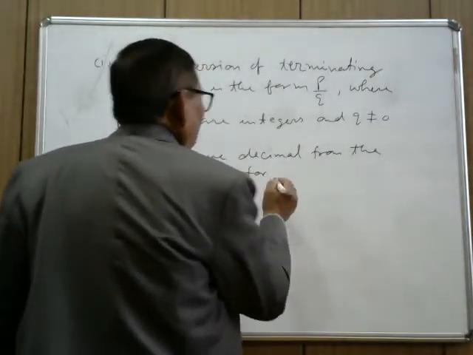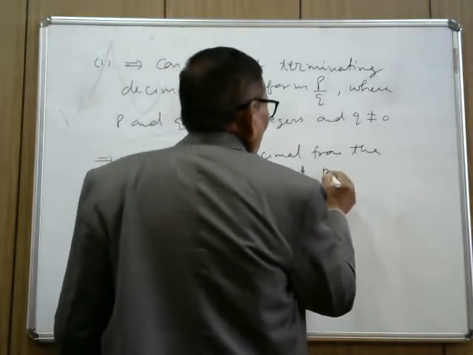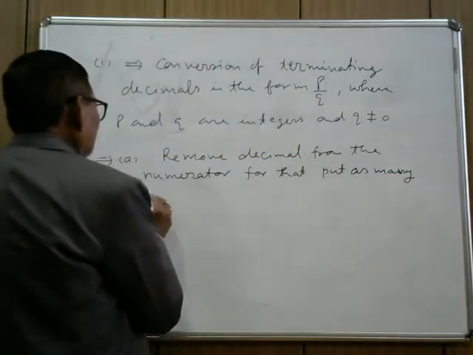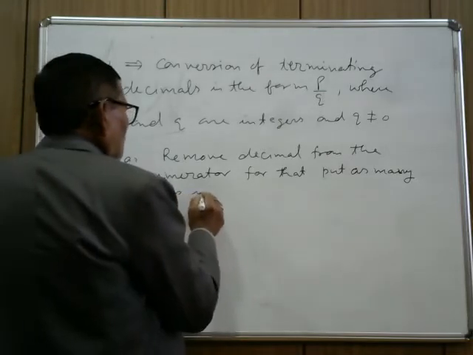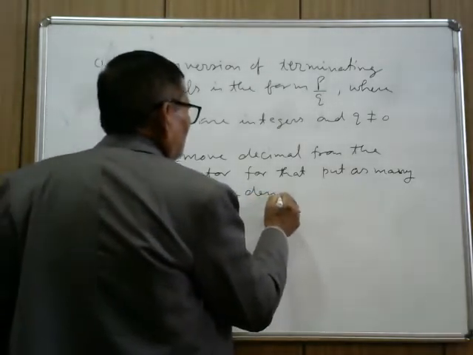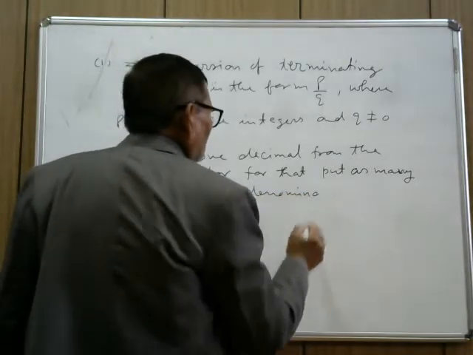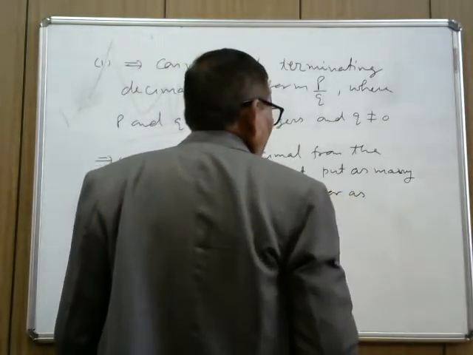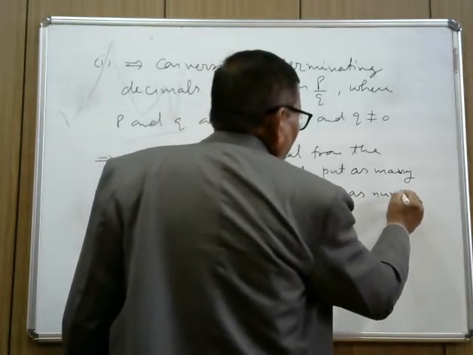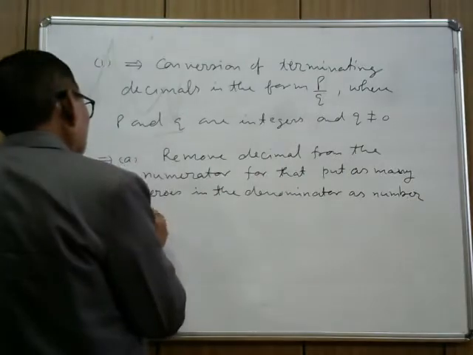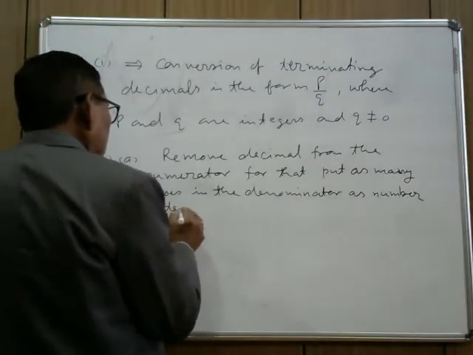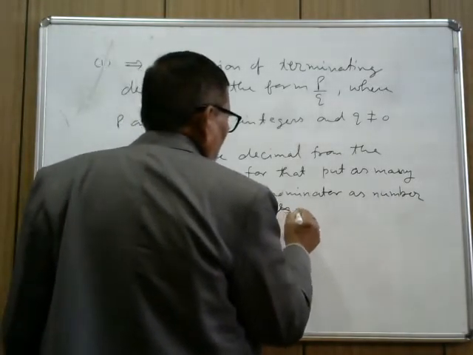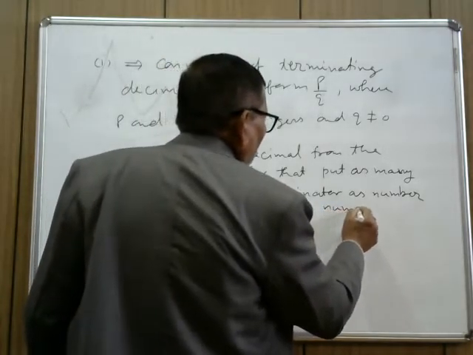For that, put as many zeros in the denominator as the number of decimal digits in the numerator.